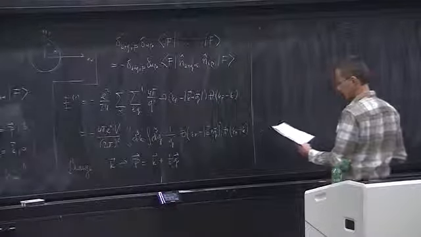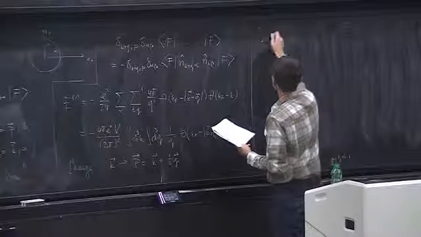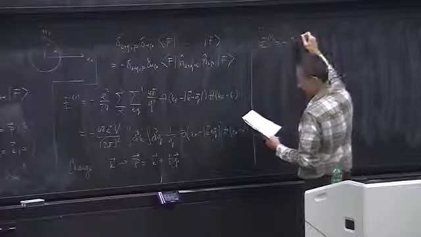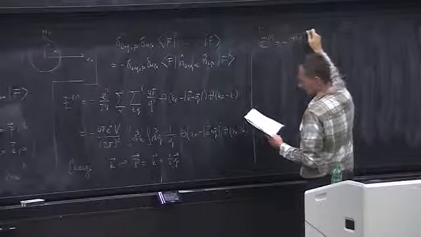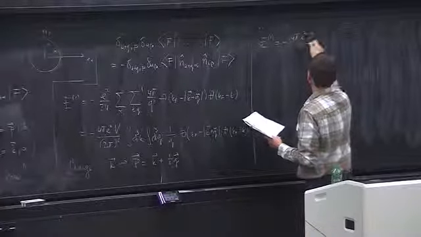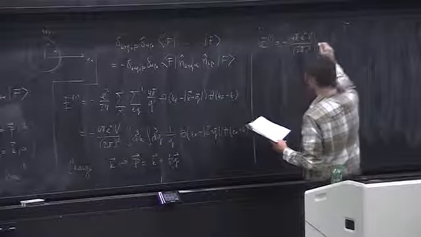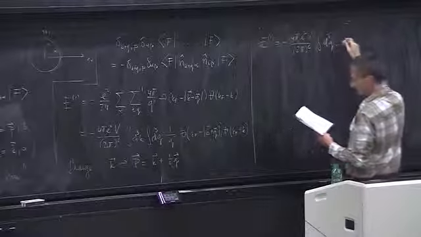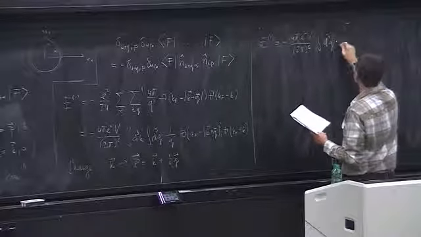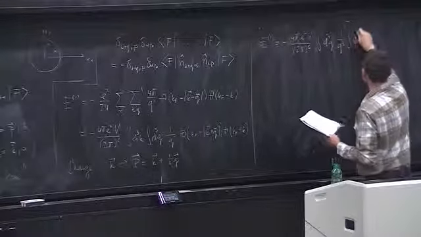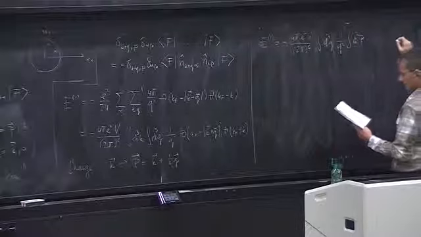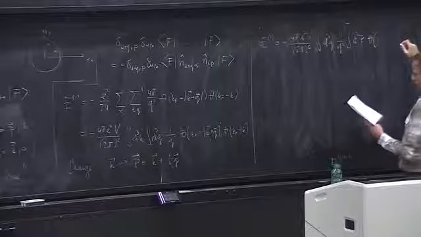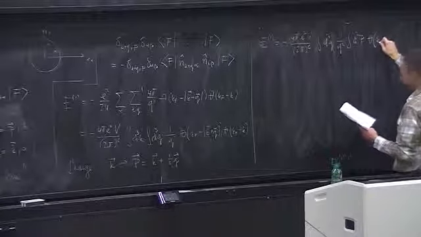And in these new variables, this E1 becomes minus 4 pi e squared V over 2 pi to the power 6, integral d3q, 1 over q squared, integral d3 capital P. And now the integrand looks more symmetric. That's the advantage of this.